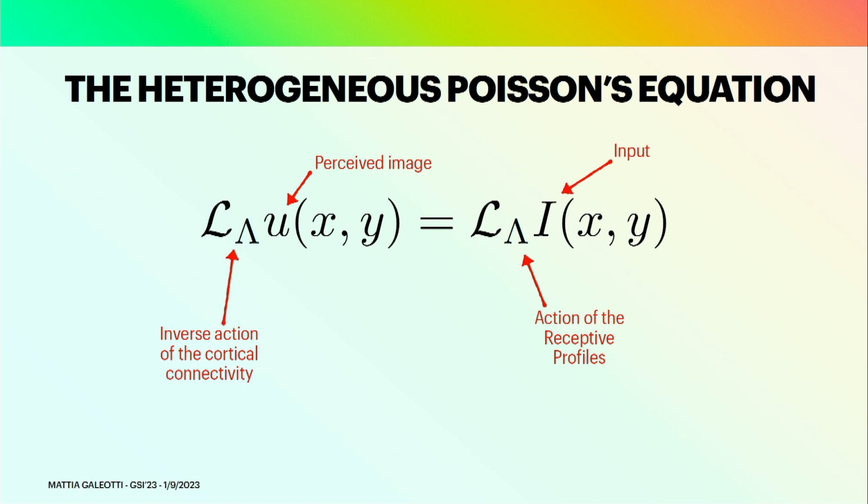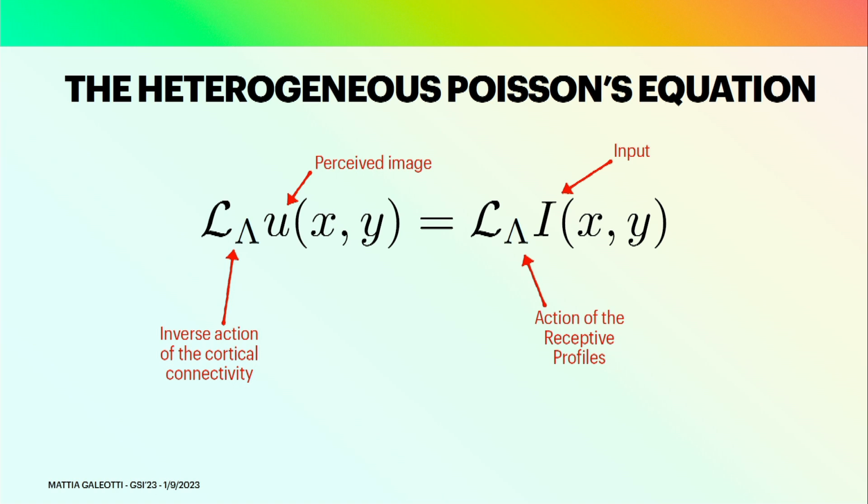So in our understanding of this equation, the solution of this problem is a reconstruction operation that is carried out by the cortical connectivity. So the differential operator on the left represents the inverse action of the cortical connectivity, while on the right it represents the action of the receptive profiles.